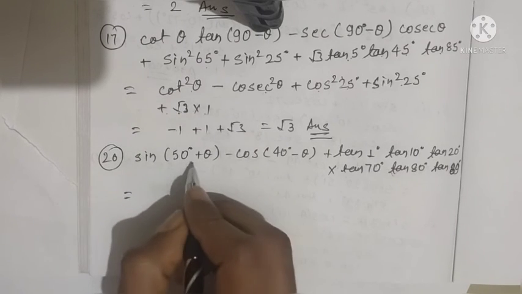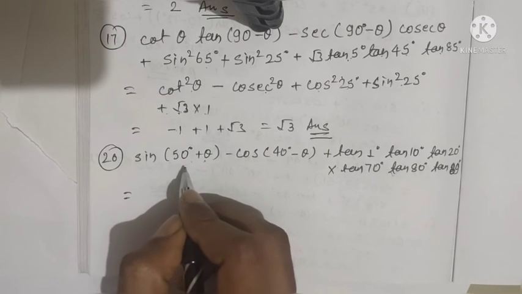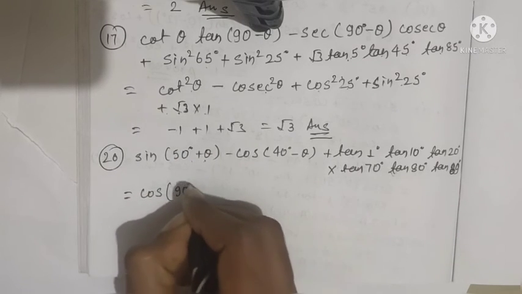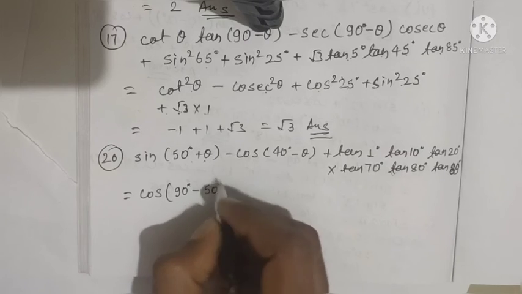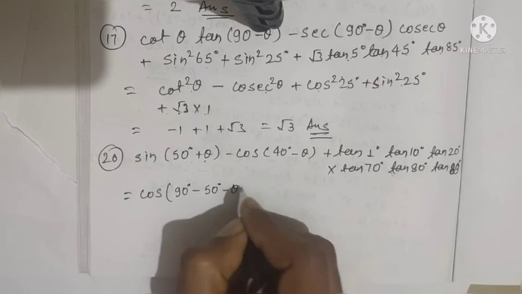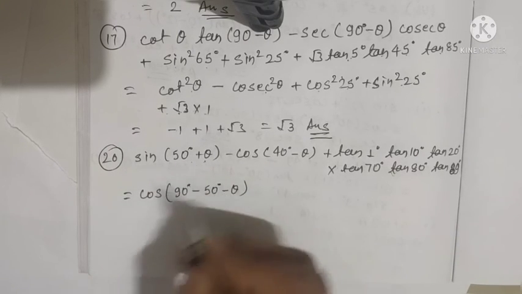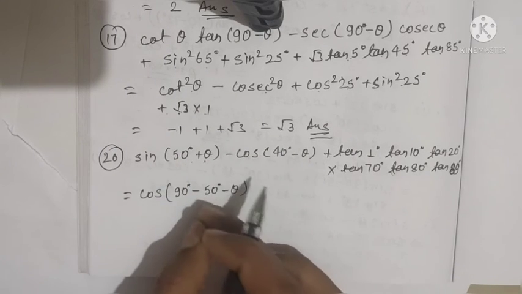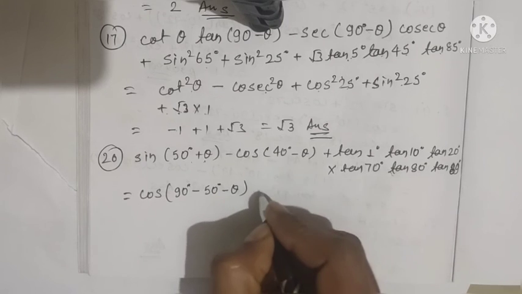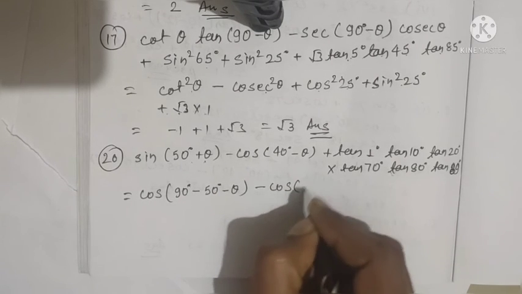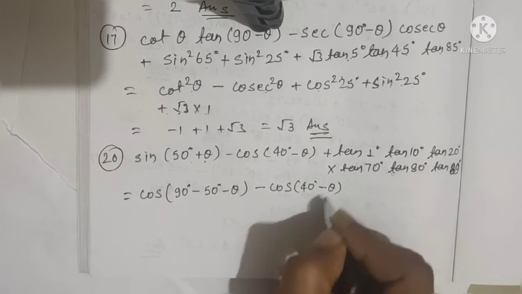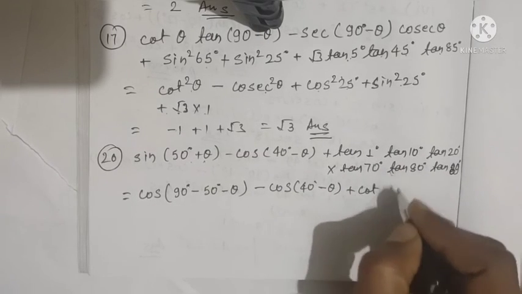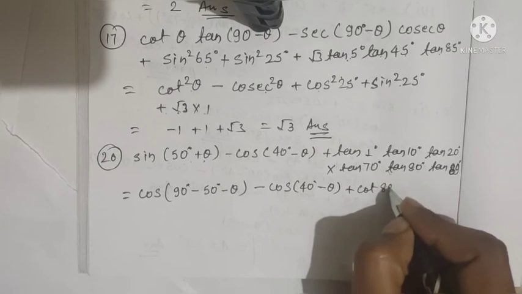Hence sin (50 plus theta) can be written as cos (90 degree minus 50 degree minus theta). As we know that sin theta is equal to cos (90 minus theta), so cos (90 degree minus 50 minus theta), minus cos (40 degree minus theta), plus tan 1 degree can be written as cot (90 minus 1), which becomes cot 89 degree.